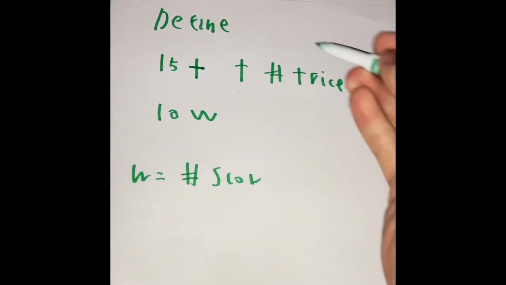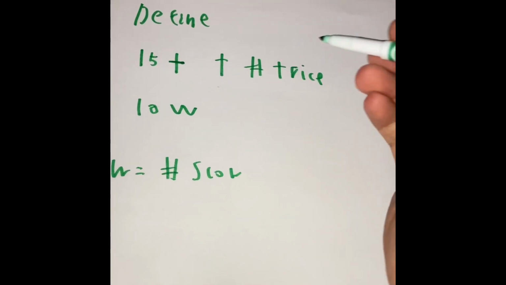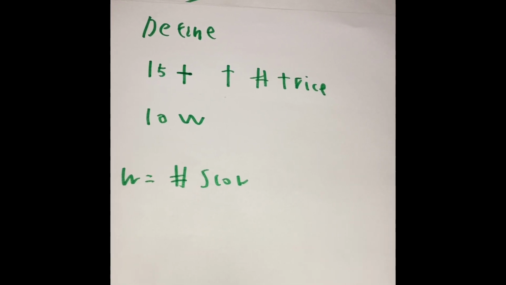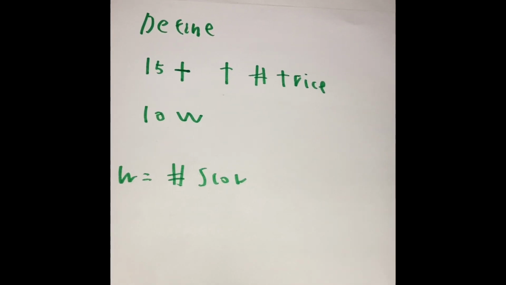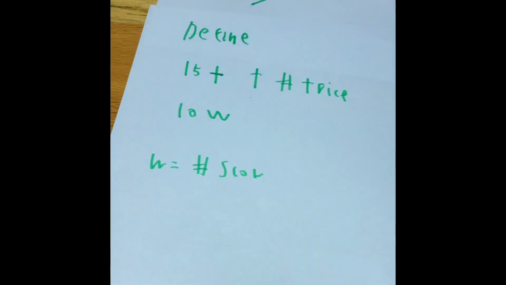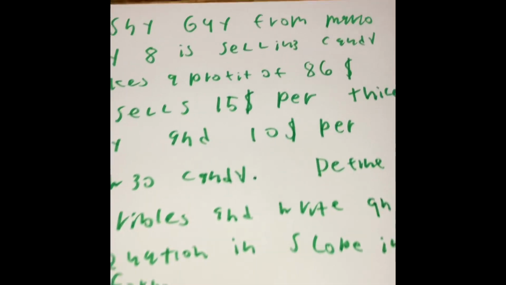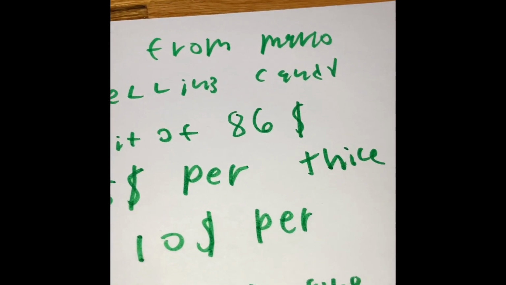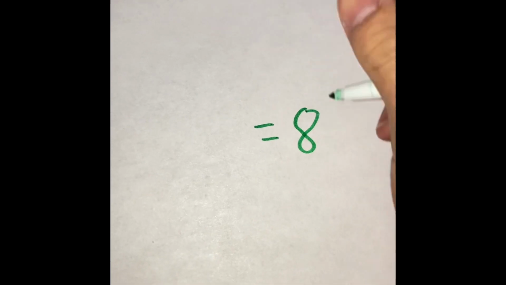So it looks like we have defined what our variables are, what we're actually measuring, and what we're trying to figure out. Now let's make an equation. We understand that in total, the Shy Guy gets a profit of $86, so we're going to write an equal sign to $86.